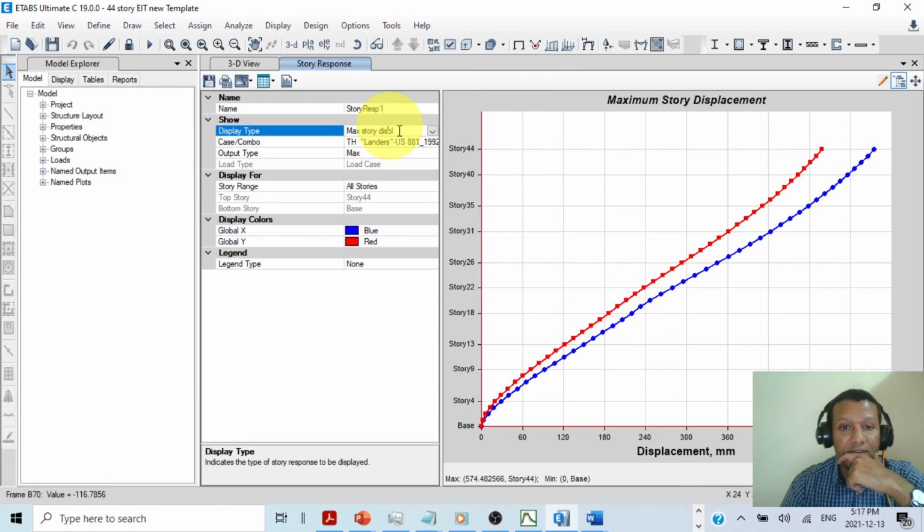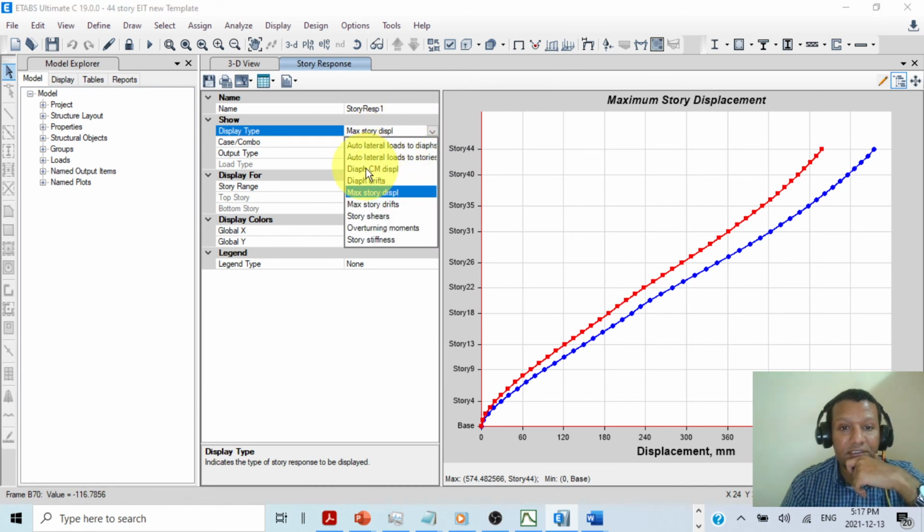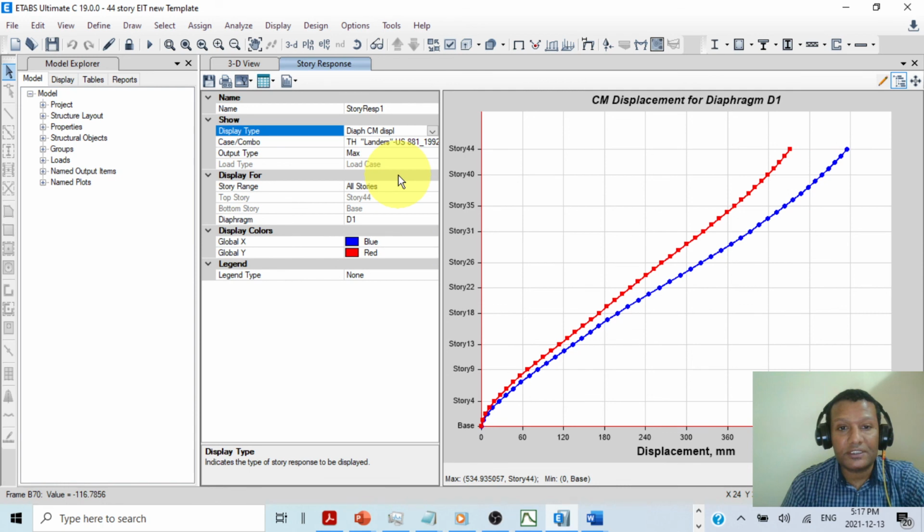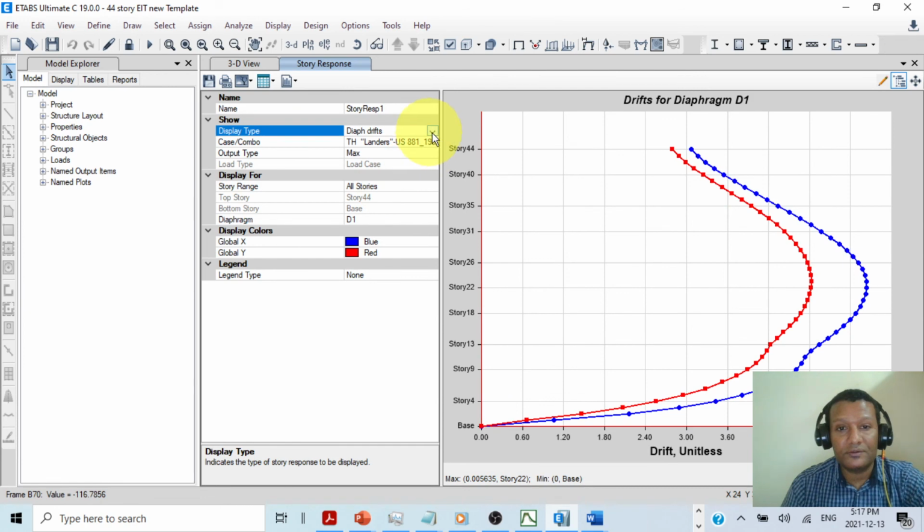The same thing is story shear, story moment, overturning moment, story stiffness. Everything can be seen here. For example, center of mass displacement, diaphragm, and drift. We have drift also. As you can see, this is the maximum drift ratio, around 0.5%, and the maximum story displacement.